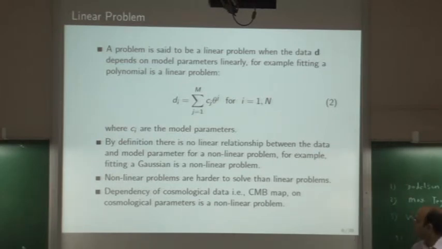So I explained that a problem can be a linear or non-linear problem. In this case, it's a linear problem. This is the data, and these c_j are the parameters of the theoretical model. Linear models are easier to solve than non-linear models, because in this case we just get linear equations. We can use matrix algebra to solve the problem.